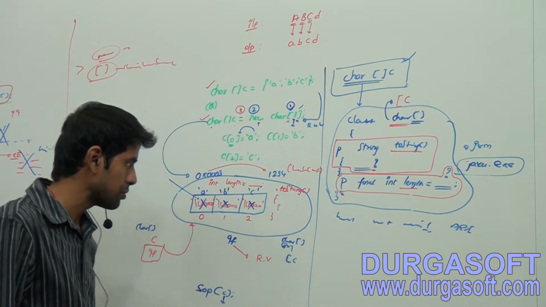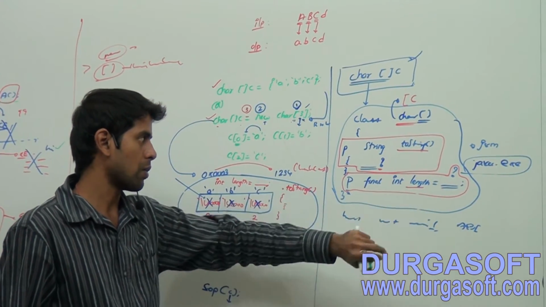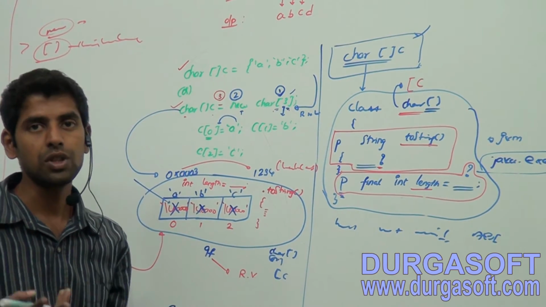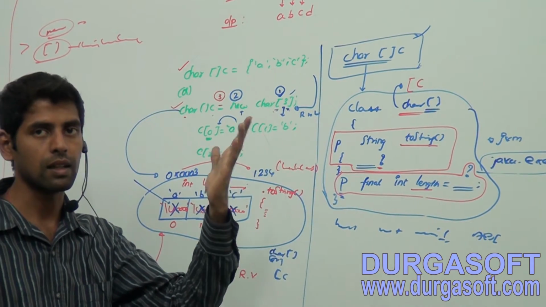Now observe. What is the implementation of ToString? What is the length variable value? On which basis will the length variable value be decided? Simple thing.